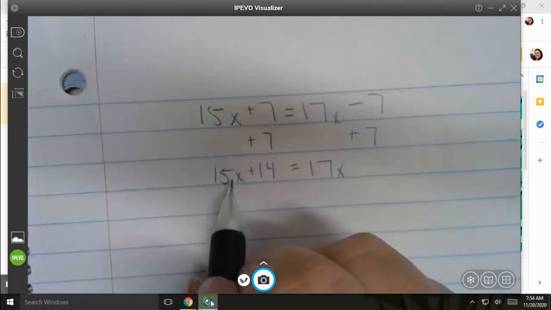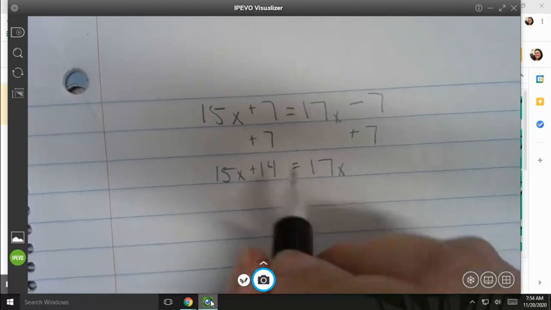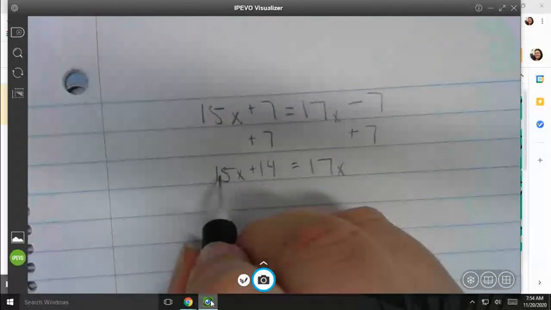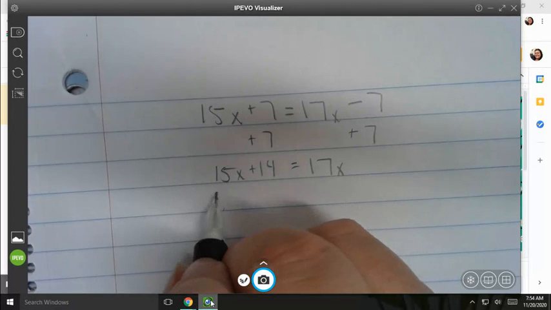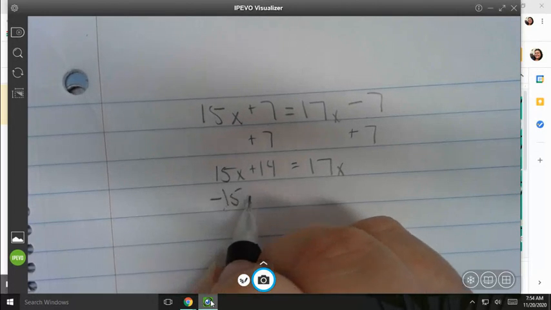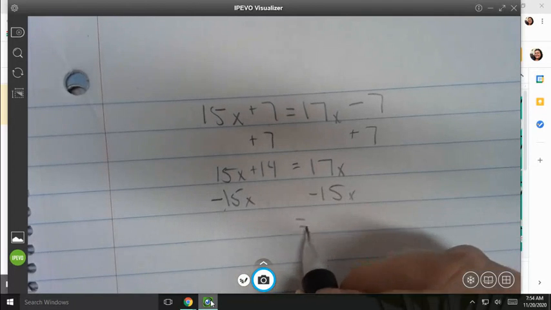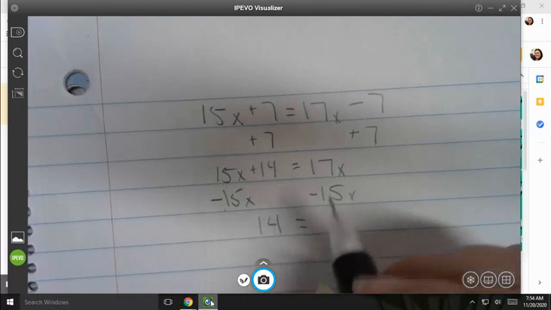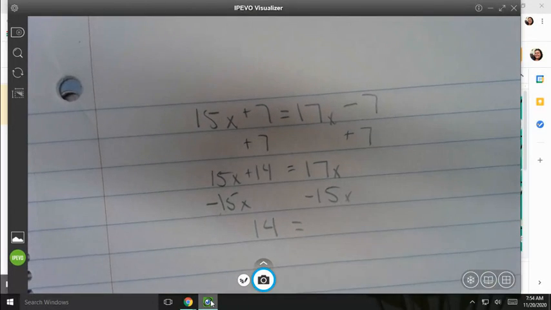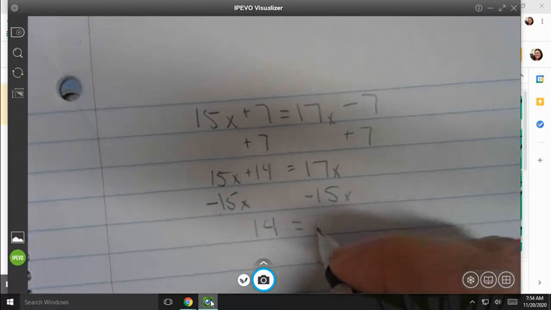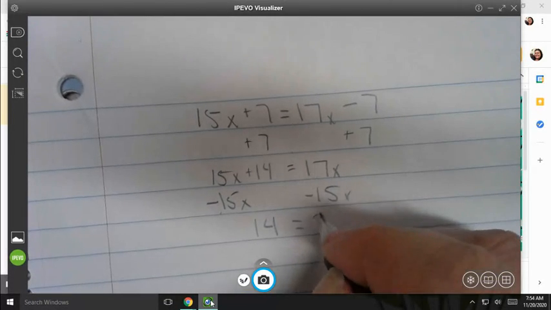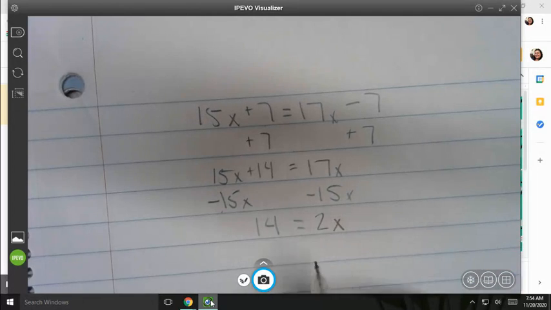Well, now we want to get our x's to one side. Our easiest way to do that is, this is a plus 15x, so we're going to subtract 15x from both sides. And that's going to let us know that 14, broke my lead, 14 is equal to 17 minus 15 is 2, so 2x.